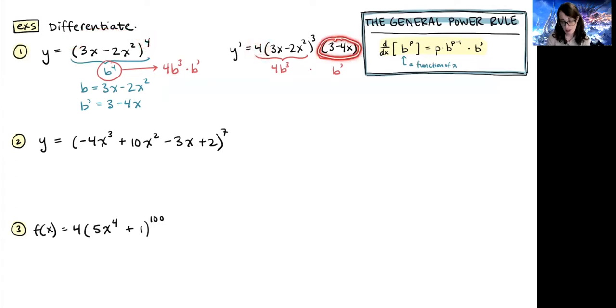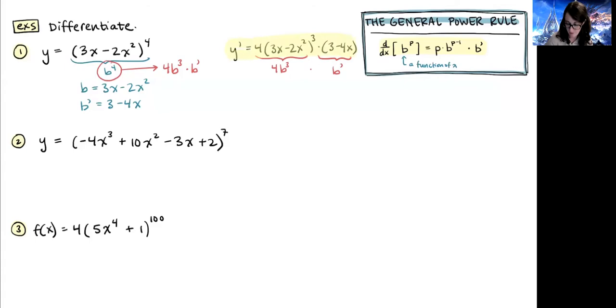If it's a number, if this were just like 3, then it would be best to multiply these together. But here, this is all nice and factored. And factored form is always the best form that you could possibly have. So I would say that this is pretty simplified and we don't really need to do anything else here.